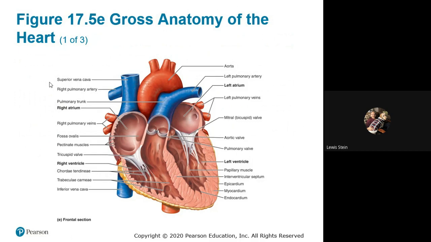When it closes, it closes securely. Sometimes the valves are too stiff. They don't open or close well, there's only a little opening. They don't allow enough in, they're too taut, they don't close well. If they're too narrow, anytime something's too narrow, we talk about stenosis.